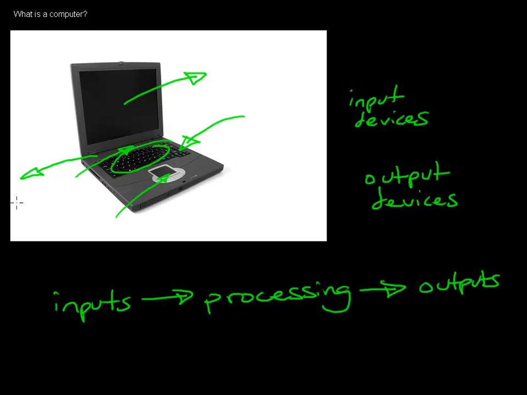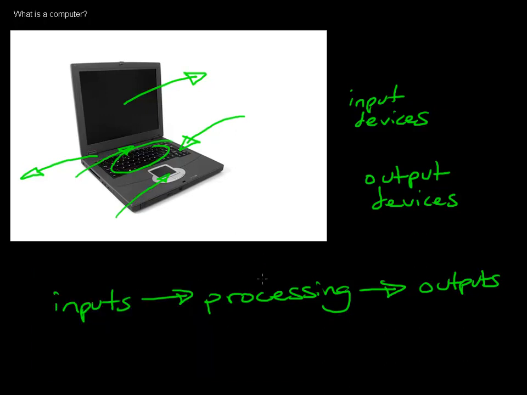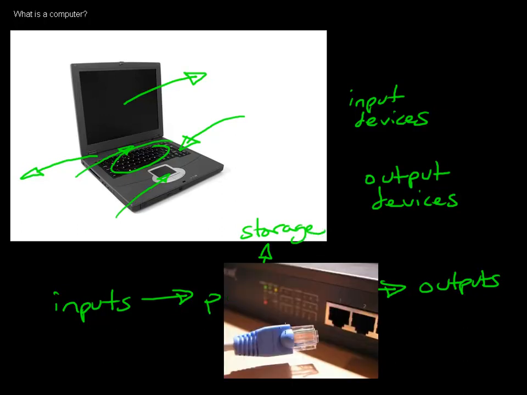Now there's a little more to computers than this. We could, for instance, add in a hard disk. So if we add in a hard disk, then this is a device which is a storage device. And so we can have information going into and out of the computer to a storage device. And in the same way, we've also got a picture here of a network cable and a router.